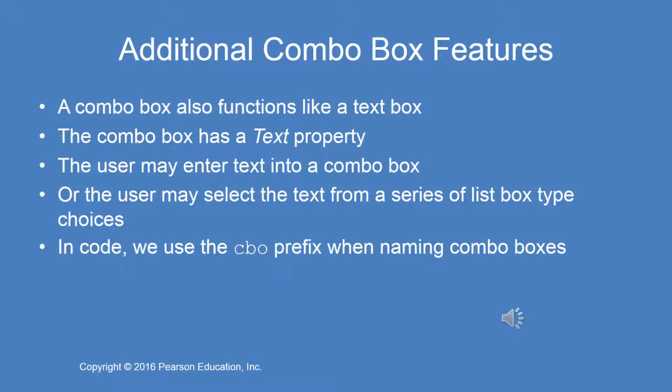It also functions like a text box in that it has a text property, and when it's enabled, the user can enter text into a combo box, or like a list box, the user may select the text from a series of list box choices. In code, we use the CBO prefix when naming combo boxes.